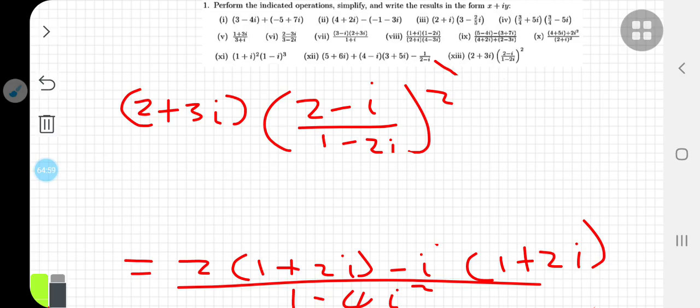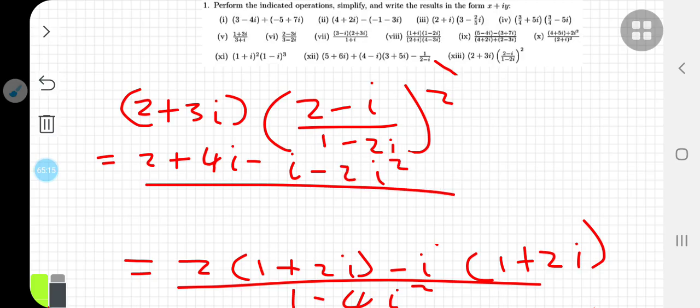So from here, I'm having 2 plus 4i minus i and minus 2i squared over 1 plus 4, which gives me 5 over 5.